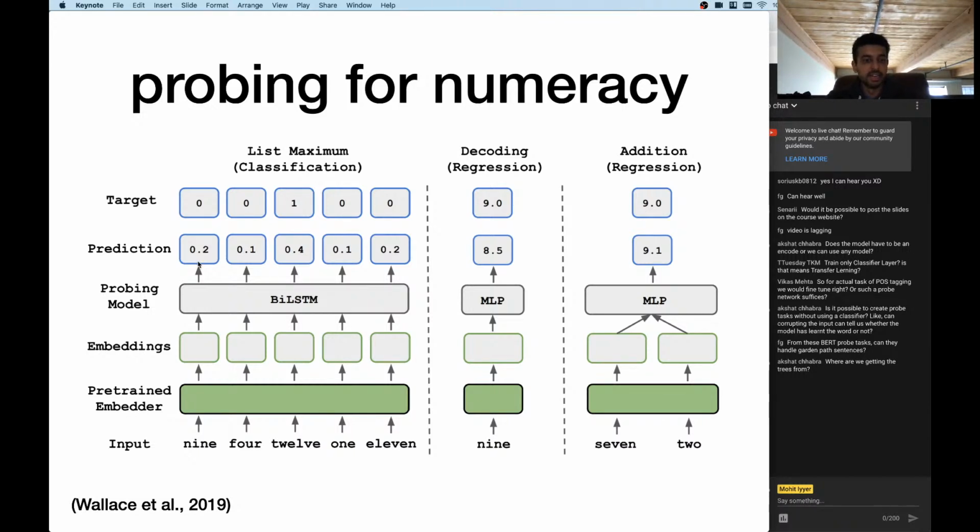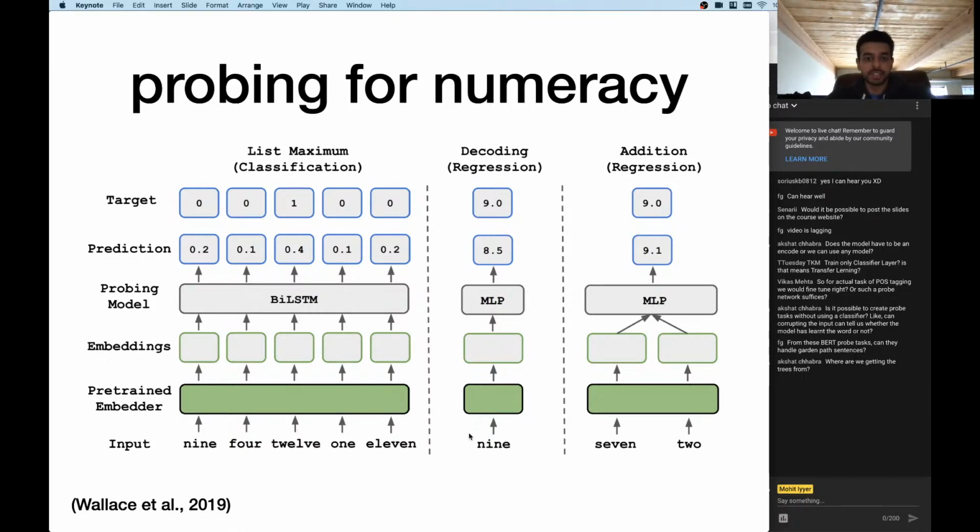Then the model would have to predict a 0 for everything except the maximum element in the list, which it would have to predict a 1 for. So here, 9, 4, 12, 1, 11. 12 is the biggest number in this list, so the model should output a 1 here and a 0 everywhere else.